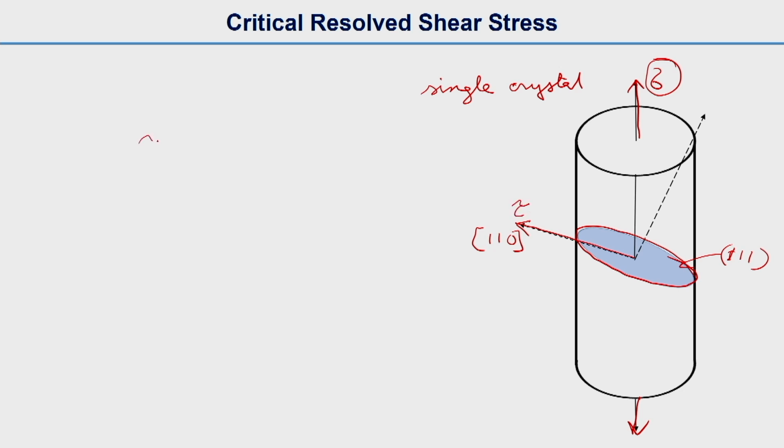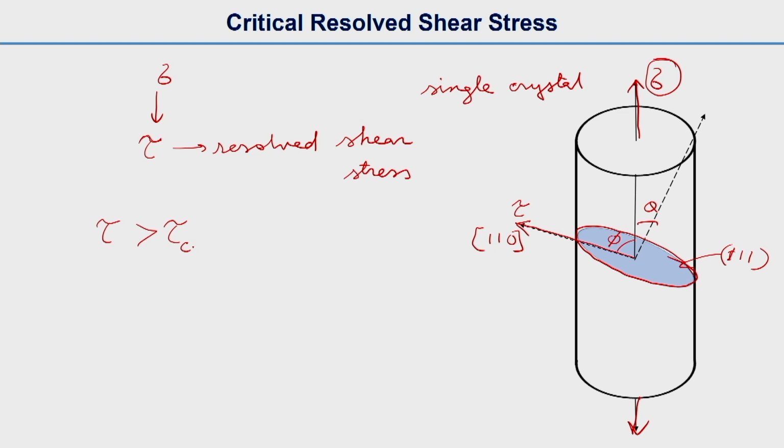We calculate this tau, which is called the resolved shear stress. So we resolve that and calculate that stress from our sigma. If you know these angles, theta and phi made by the direction, then you can find out this resolved shear stress tau, and if the resolved shear stress is greater than or equal to a critical value, tau critical, then slip happens, that means the dislocation moves.